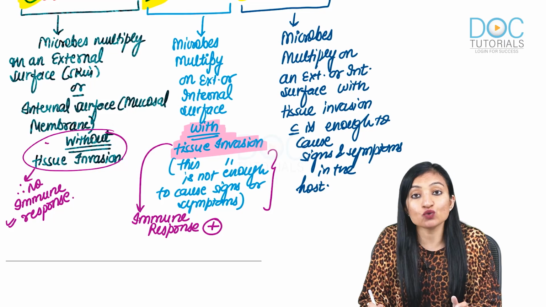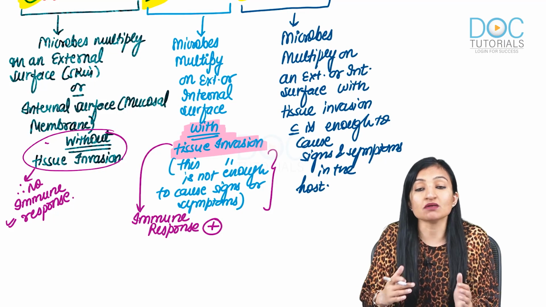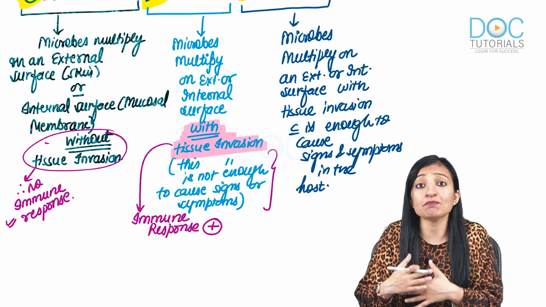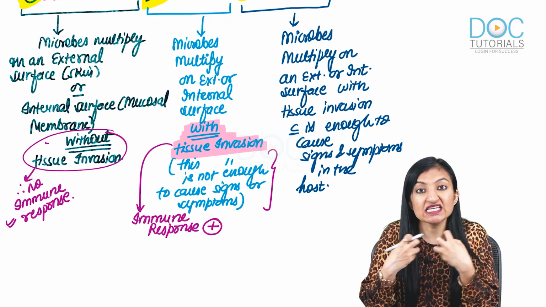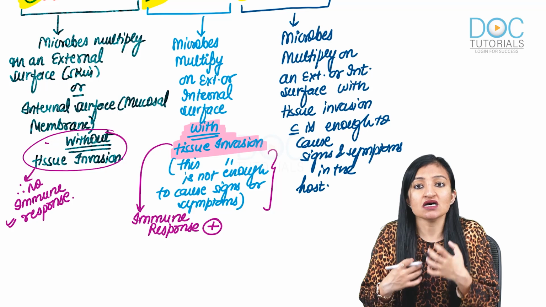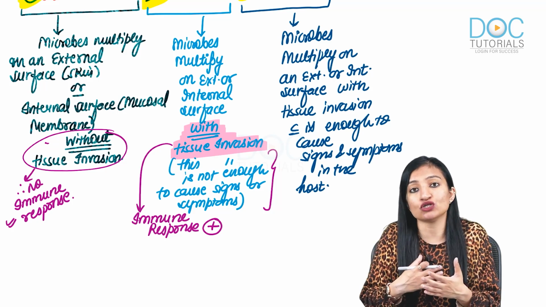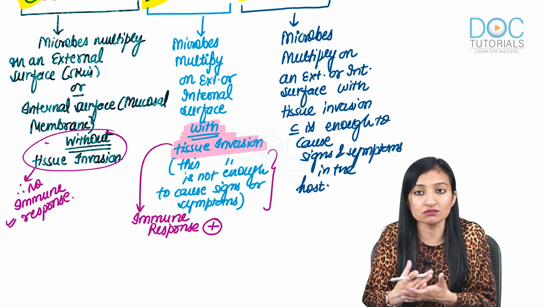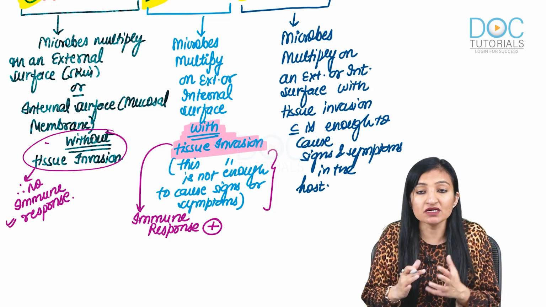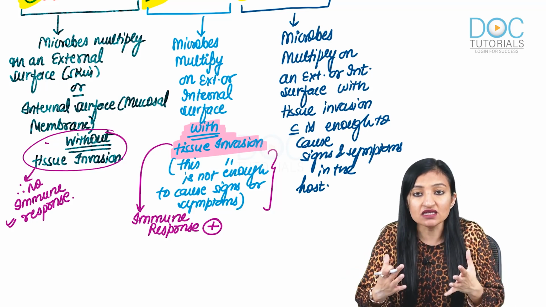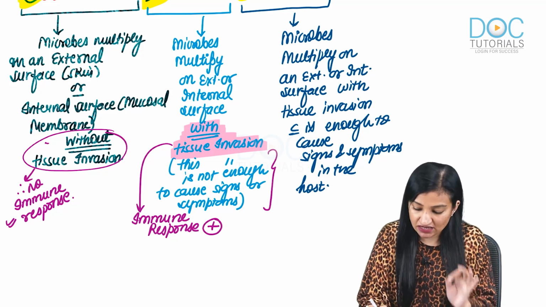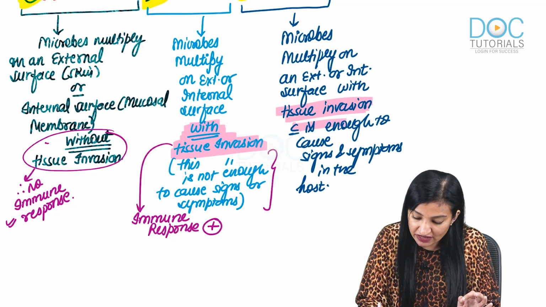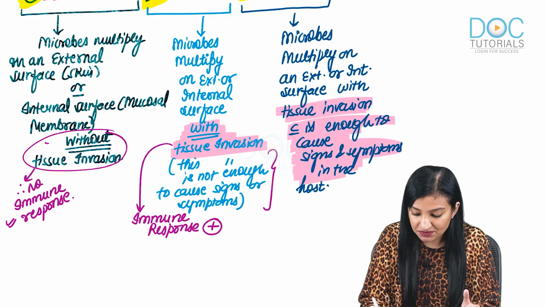The degree of tissue invasion could be large, or the microorganism itself could be very powerful, producing lethal virulence factors which cannot be taken care of by the immune system. The immune system becomes overwhelmed, so the patient manifests symptoms and signs.